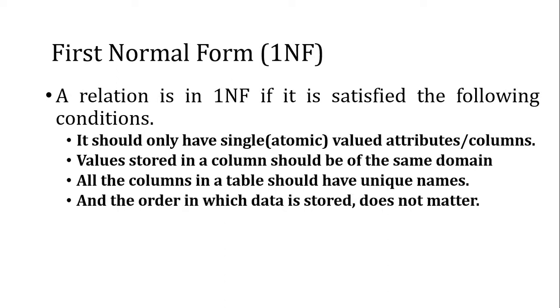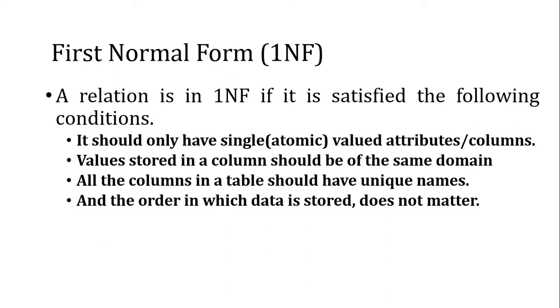Number four, the order in which data is stored doesn't matter. You can insert the data in any fashion, for example roll number 10 can be inserted first and roll number 1 can be inserted last. So these are the four rules you need to understand and memorize. First, all values inserted in an attribute should be atomic, single.